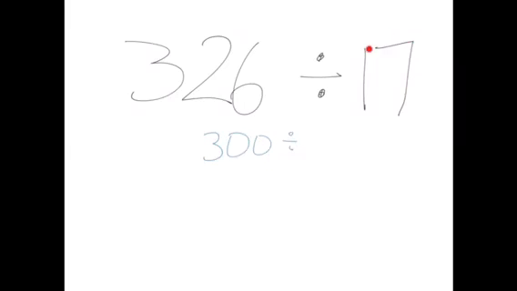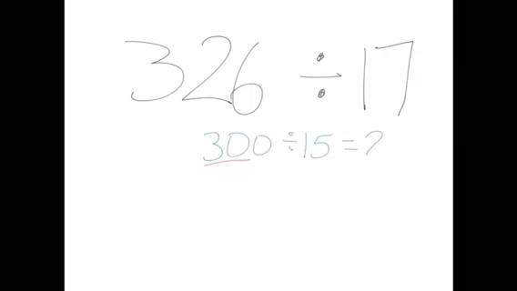I know I could change this to 10, but that's really changing the number. However, I know that I can focus on my first two place values. 30 divided by something close to 17. Using my mental math skills, I know that 15 can go into 30 with 2, so my estimate's 20.